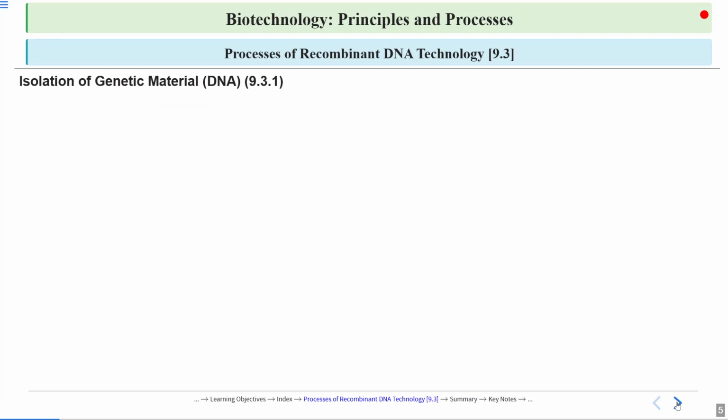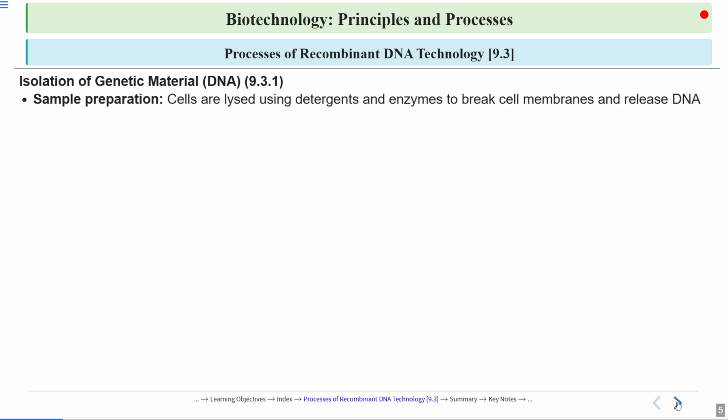So the first step is the isolation of genetic material, that is DNA, which we talked about in the last class, but today we are going to summarize it. First, we prepare the sample. We lyse the cell using some detergents and enzymes to break the cell membranes and release DNA.